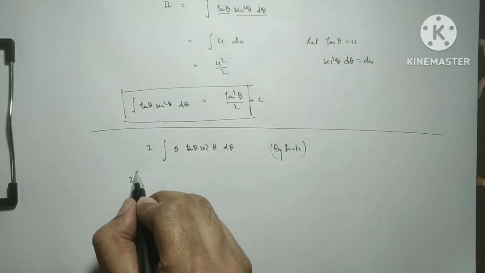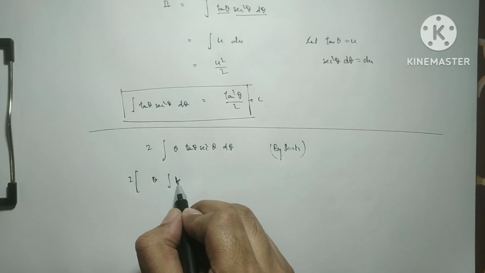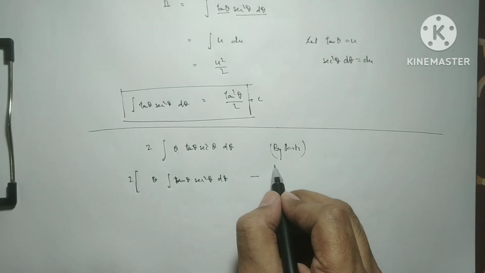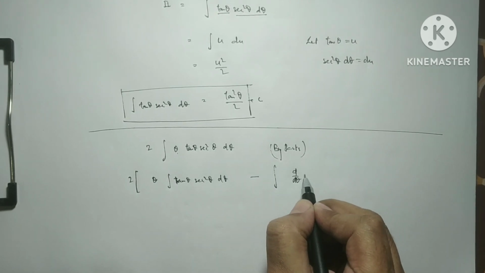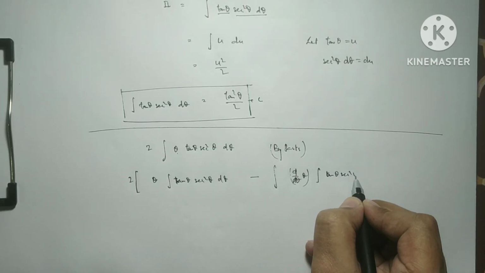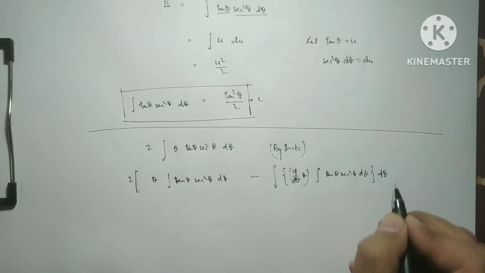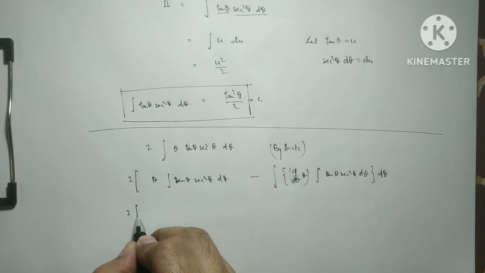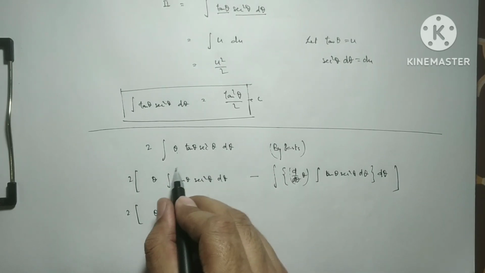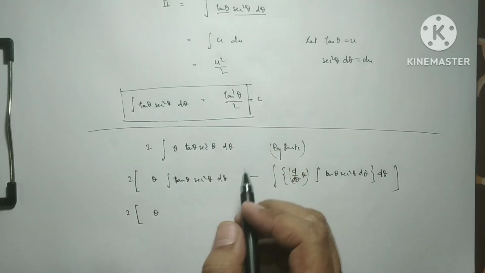On applying the by parts rule, first function as it is, we integrate the second part, that is tan theta sec square theta. We differentiate the first part and integrate the second part, tan theta sec square theta, and finally once again we integrate it. So it is theta, and the integration of this part, as we have collected this value, it is tan square theta by 2.